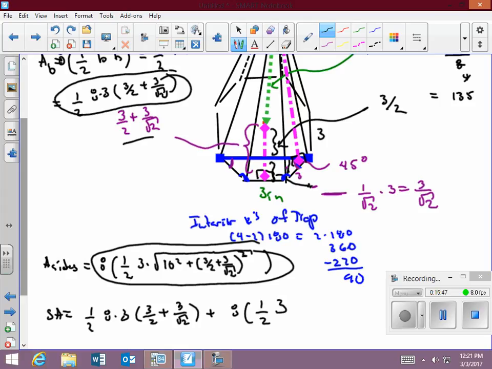Now, if you look at these two, that constitutes the perimeter, 8 times 3, times the square root of 10 squared plus 3 halves plus 3 over the square root of 2 quantity squared.